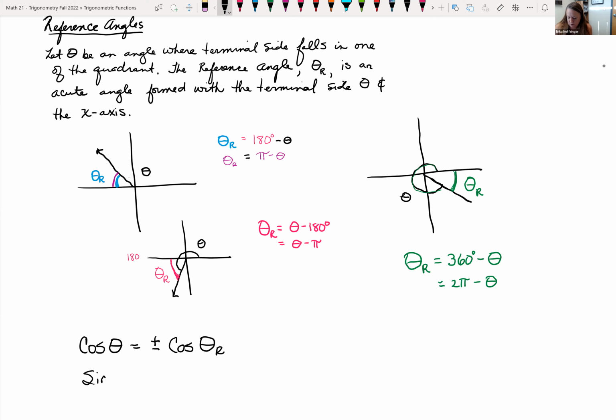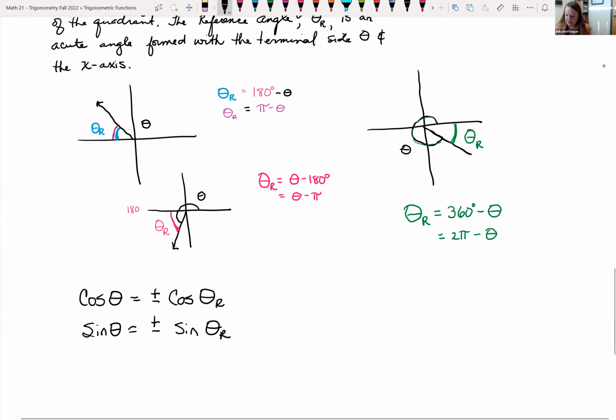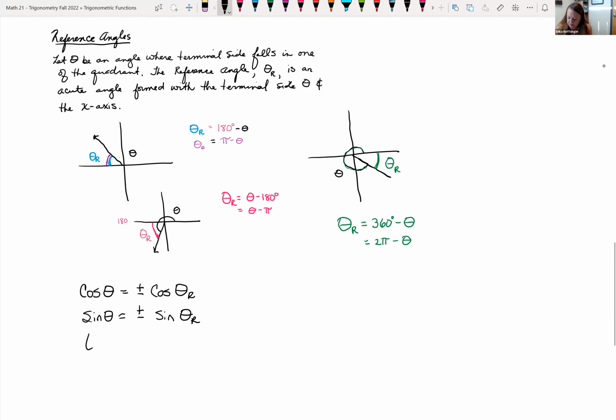So that is true for all of our trigonometric functions. So sine theta is the same thing as plus or minus sine of theta sub r. Tangent theta is equal to plus or minus tangent of our reference angle, theta sub r.